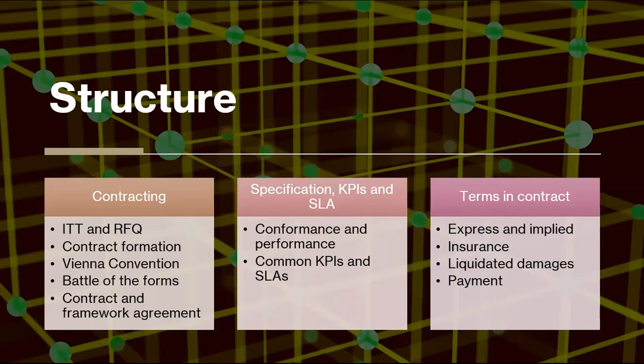Chapter 2 focuses more specifically on specification, KPI and SLA. This topic is more familiar to procurement professionals. And the final chapter focuses on the very specific terms in contract, and other things like pricing arrangements or the use of model form contract.